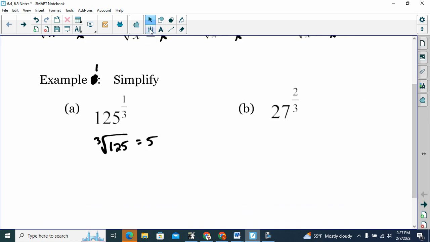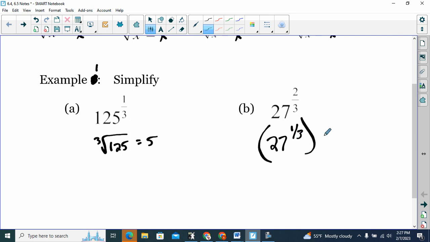The easiest way to do these is to split up our rational exponent. Instead of thinking about 27 to the 2/3, we're going to rewrite it as 27 to the 1/3 and then squared. Notice power of a power here, you would multiply 1/3 times 2, 27 to the 2/3. These are equivalent expressions. This one is easier to think about.